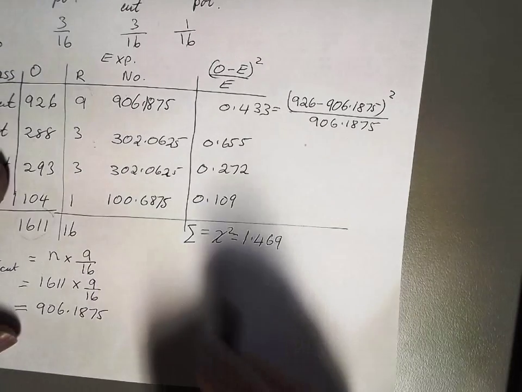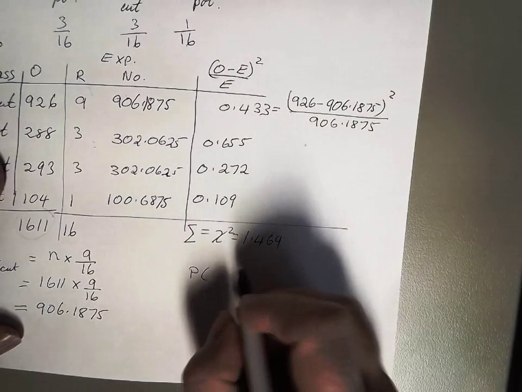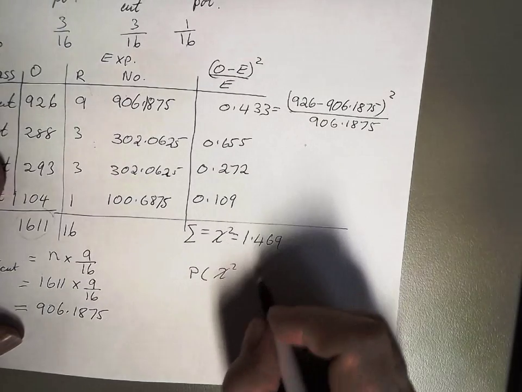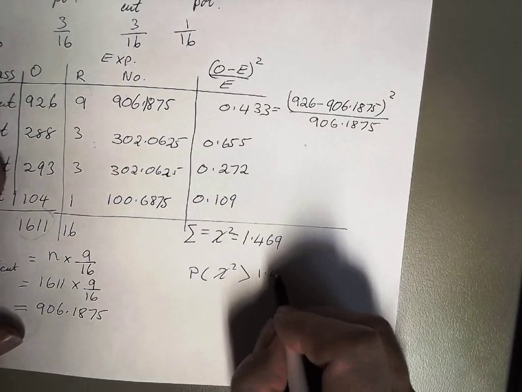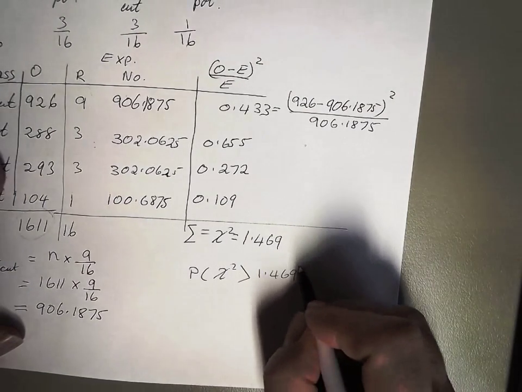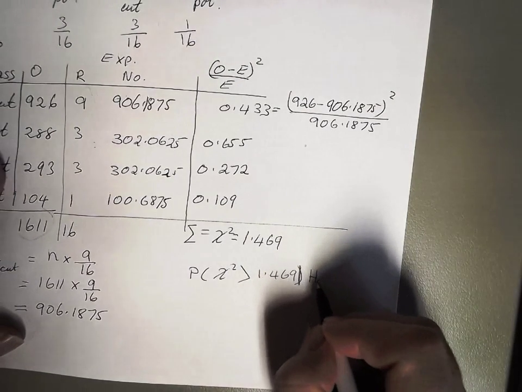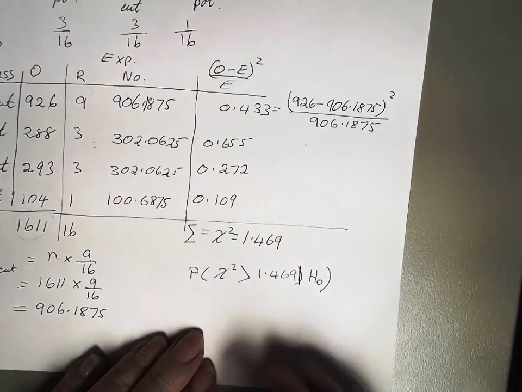Now what we want to find is what's the probability that we're going to get a chi-squared value greater than 1.469, given that our null hypothesis is correct.